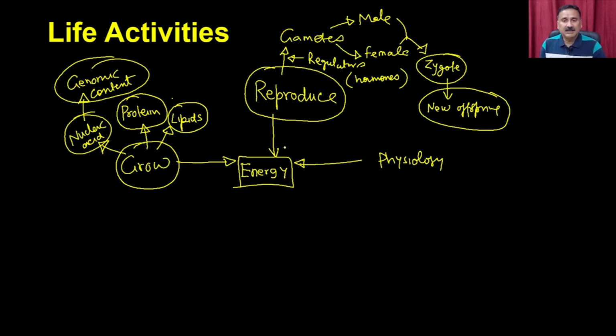So all these related activities, whether you want to produce the new molecules or whether you want to produce the regulators, all these require the very high quantity of energy, and all this energy is actually going to be acquired by the nutrition, right? And the nutrition is related to the breakdown of the molecules, right?